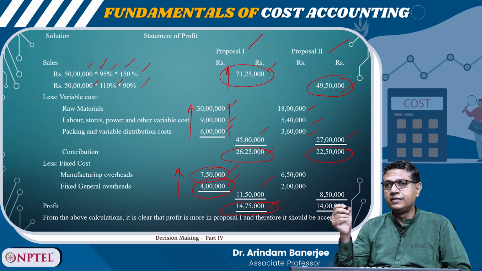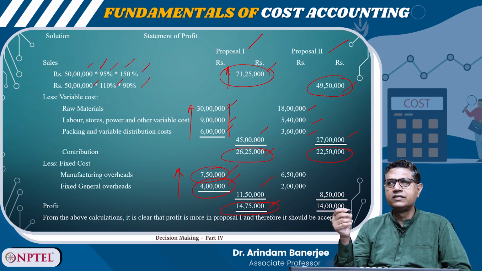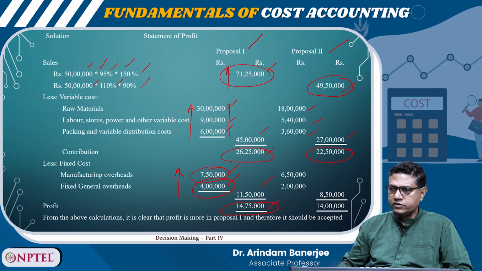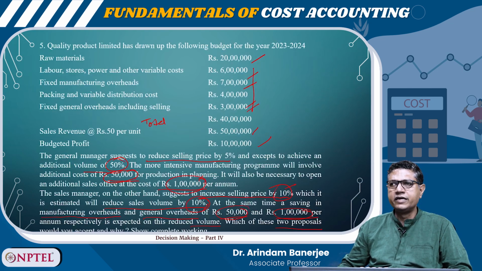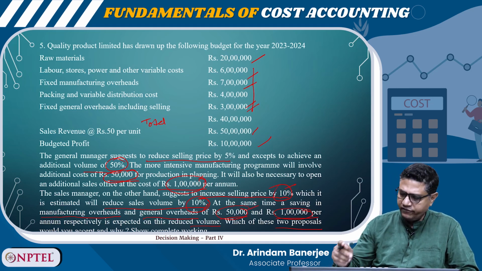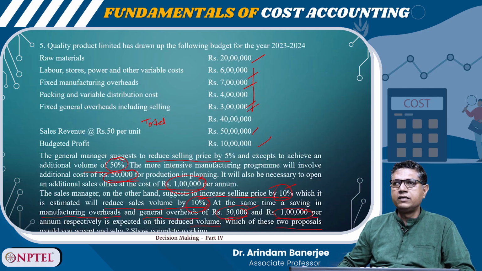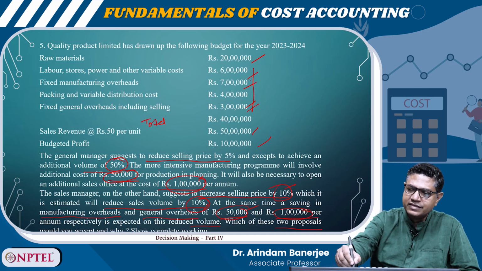But in the second case, the company is also going to save money in fixed cost. So, fixed costs are reducing. The first reduction that is going to happen is 50,000. My original fixed manufacturing overhead was 7 lakh.